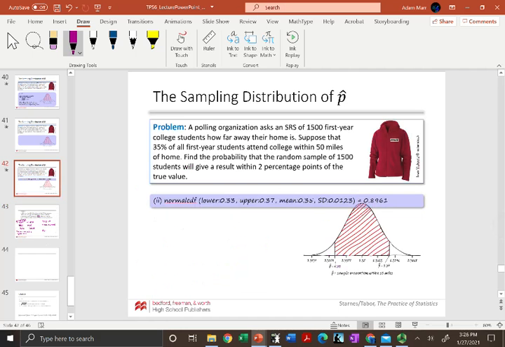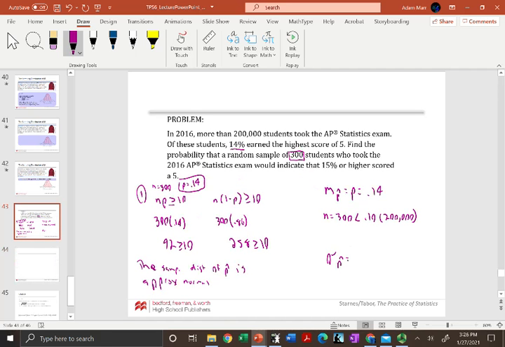Let's see here. 10% of 200,000 is going to be 20,000. So yeah, 300 is way less than 20,000. So yes, we're good right there. So we can go ahead and get the standard deviation.